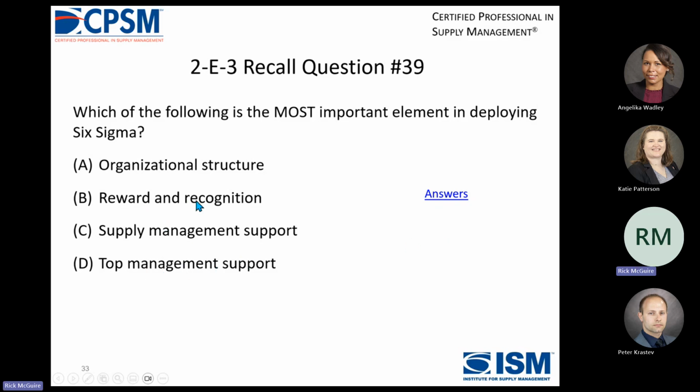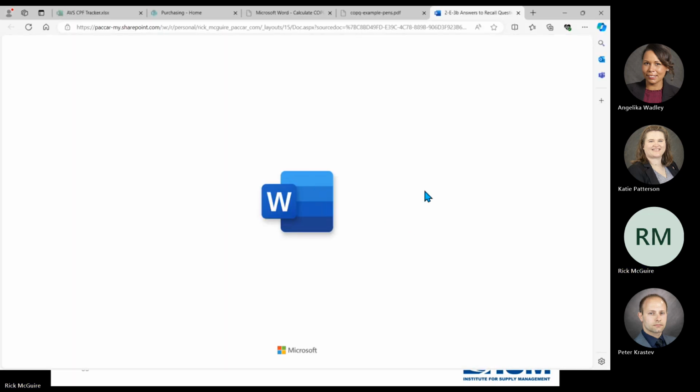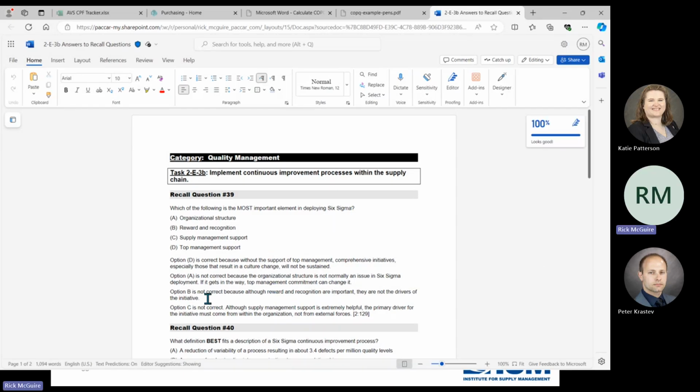I would say reward and recognition is more important, but I'm willing to bet ISM says top management support. Yep. What'd they say about B? B is not correct, because although reward and recognition are important, they're not the drivers of the initiative. I disagree, but okay.